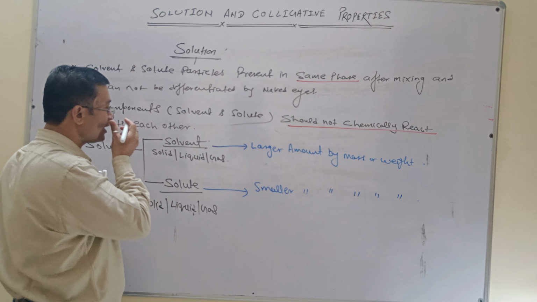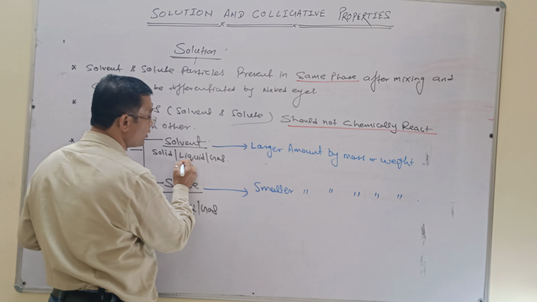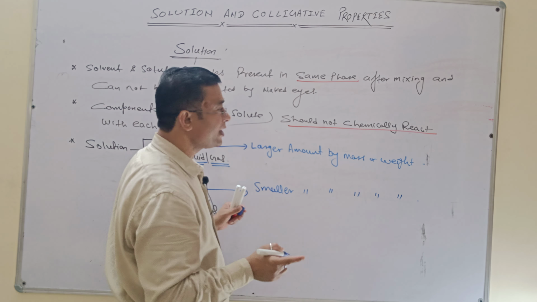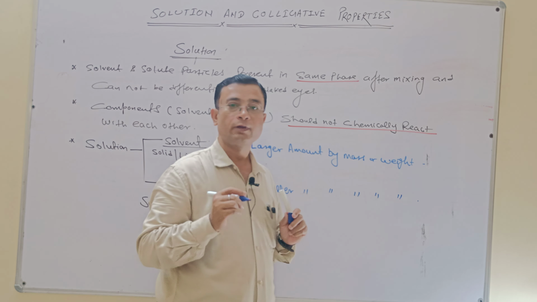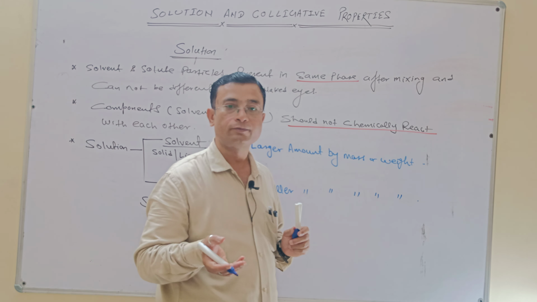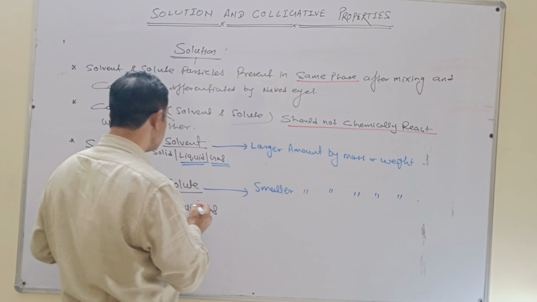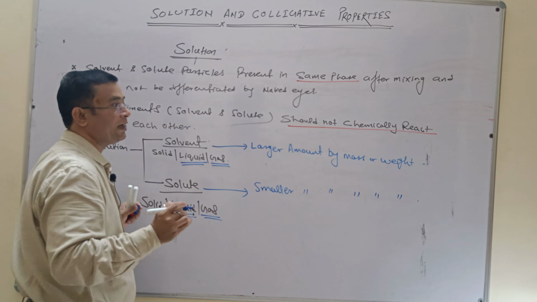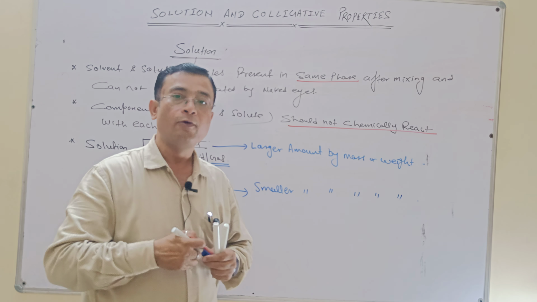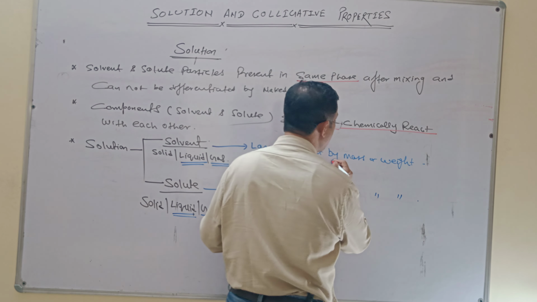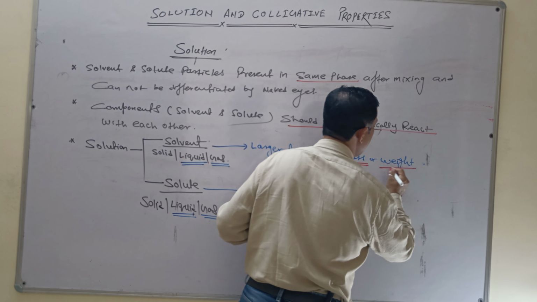Now, one important thing: if the solvent component is liquid or gas, then it should be measured in terms of volume, like we take 1 liter water, 2 liter water, 500 liter water, okay? And here, the same: if the solid component is present in the liquid or gas, then it should be taken in terms of volume. Then why are we writing here mass or weight?